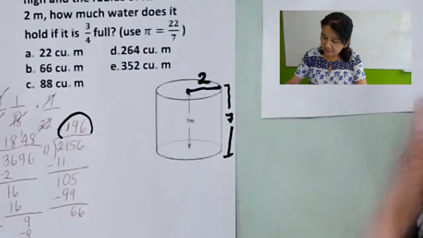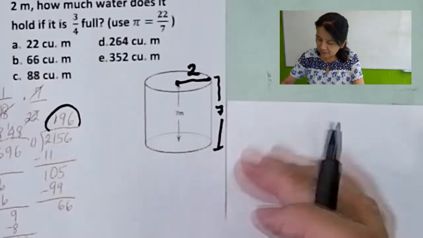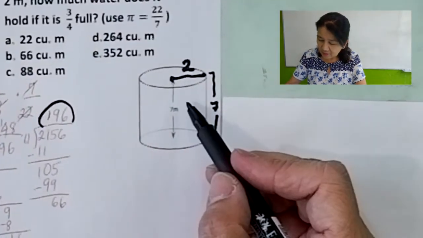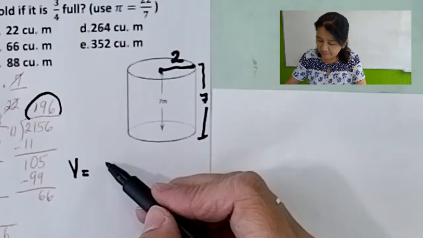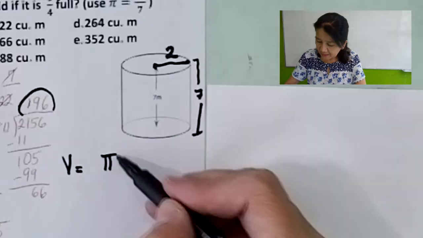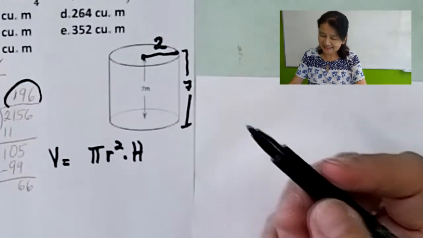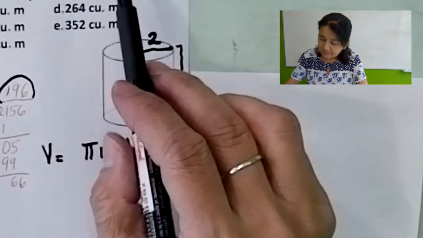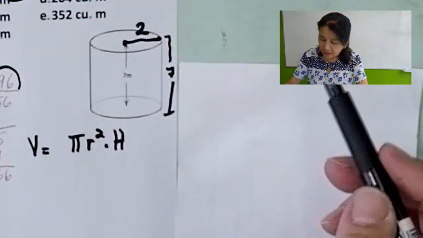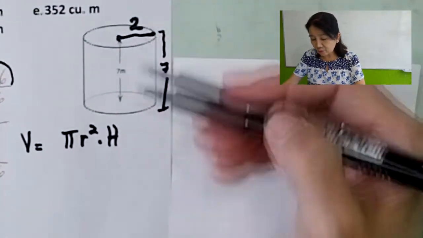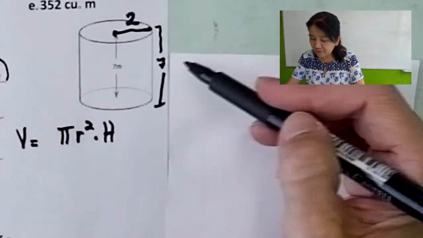Okay, all you have to do here is the following. The volume of a right circular cylinder is given by V, volume, equals pi r squared h. Now, you want to fill the right circular cylinder 3/4 full only.